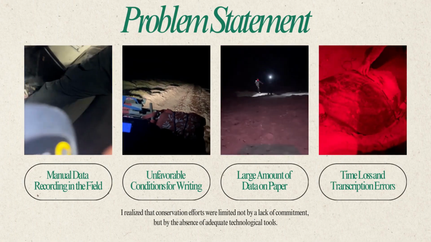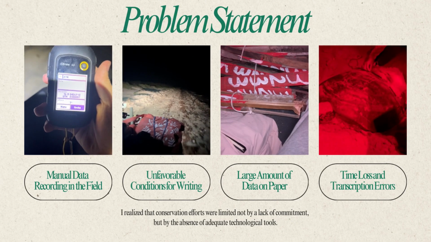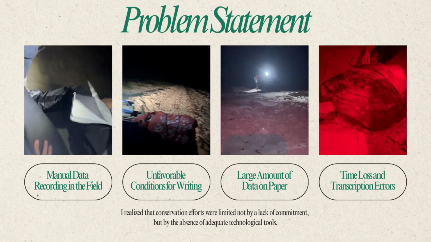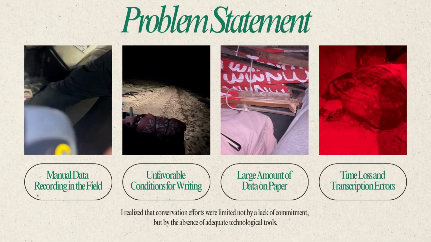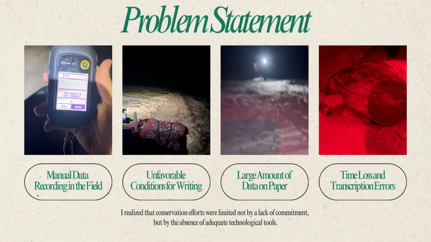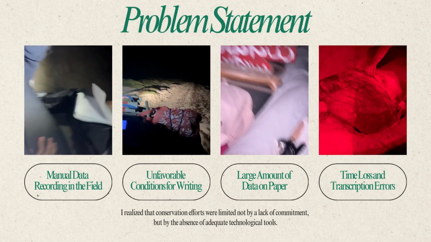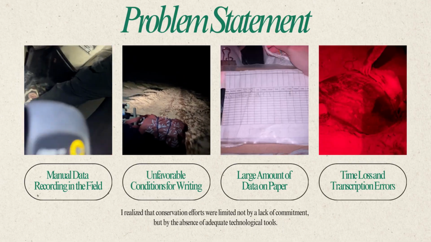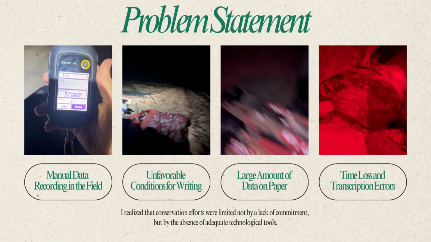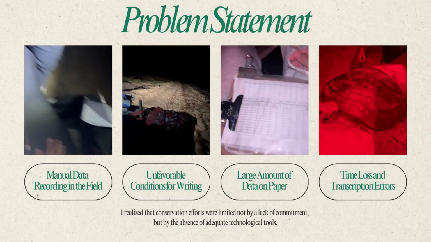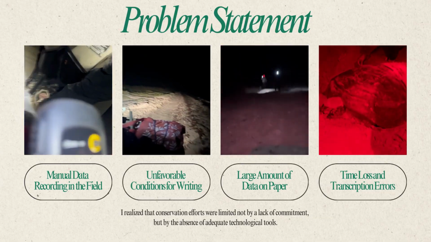monitoring activities. Despite the importance of wildlife monitoring, much of the data collected during field activities is still recorded manually using paper forms. These forms are used to document observations such as species identification, nesting activity, environmental conditions, and other relevant monitoring information.